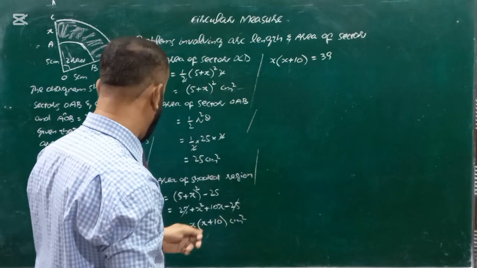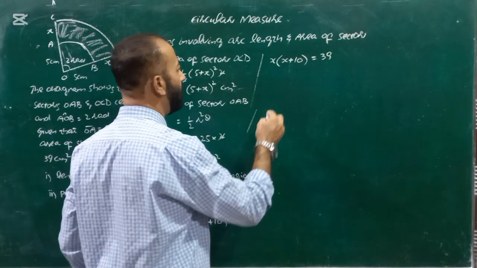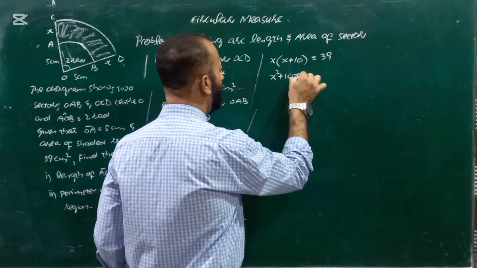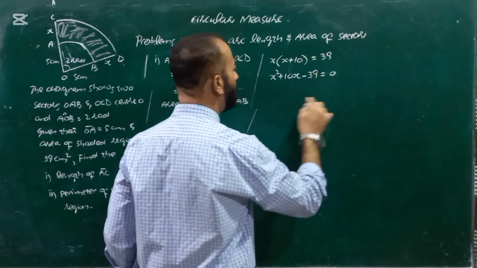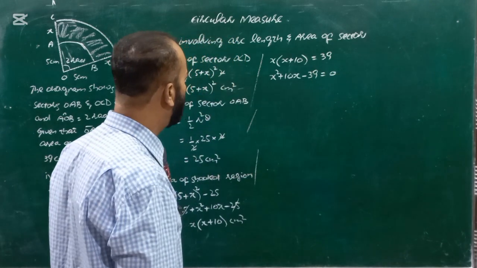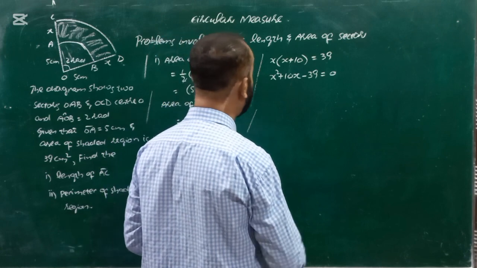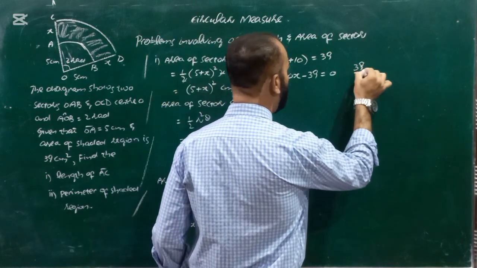Okay. Actually, we have to solve it by factorization or some other method. So x square plus 10x minus 39 equal to 0. This is a quadratic equation. Okay, from here solve this by factorization. Multiply the coefficient of first one with the last one, that is 39.